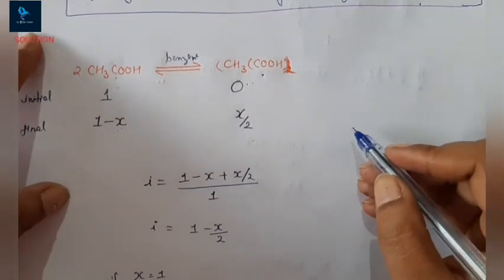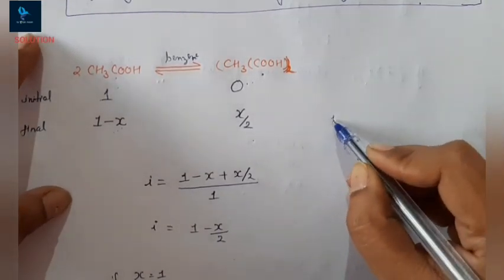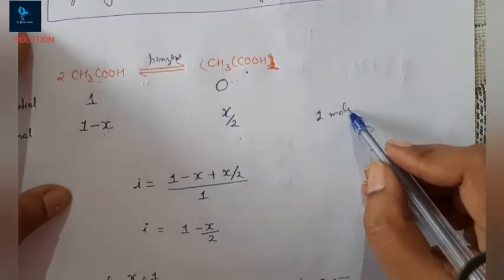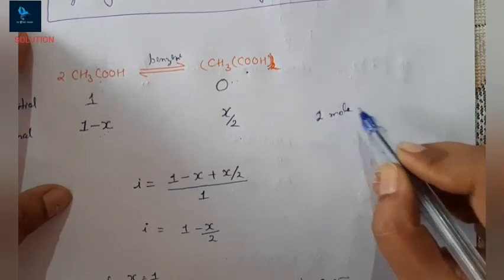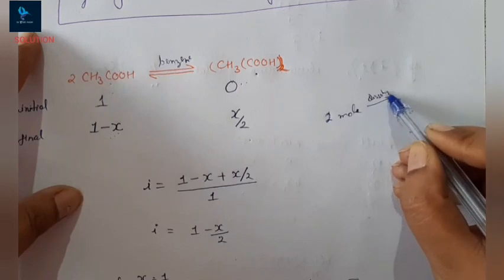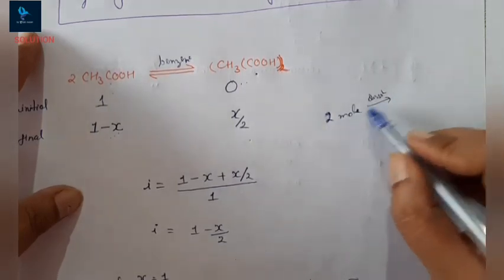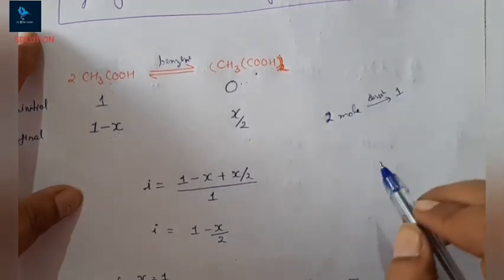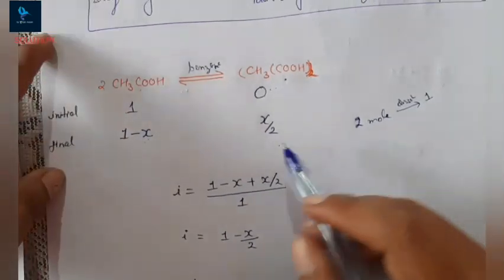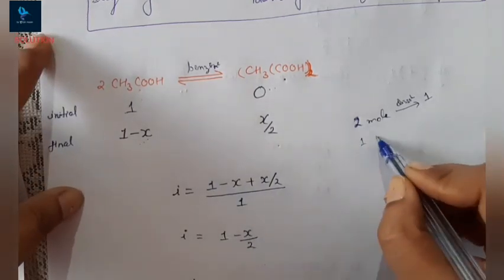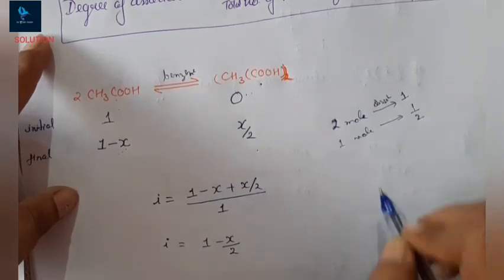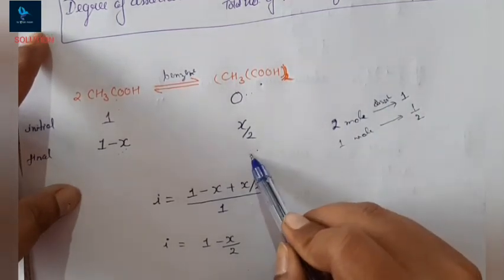How? Suppose we take 2 moles of any molecules. When they dissolve in any solution, they become half, 1 mole. So here if we take 1 mole, it will become half. That's why I am taking x by 2.